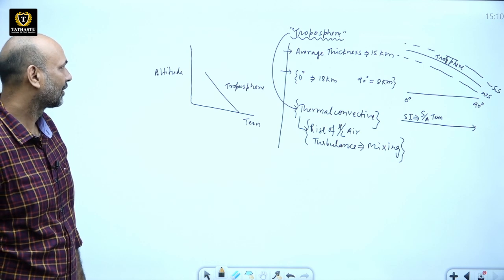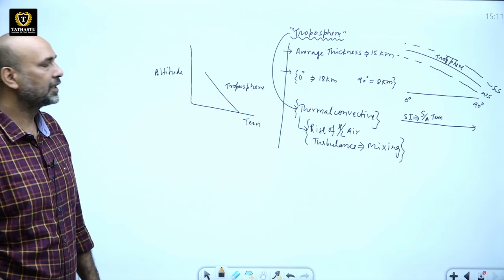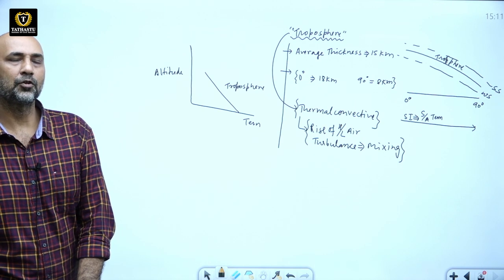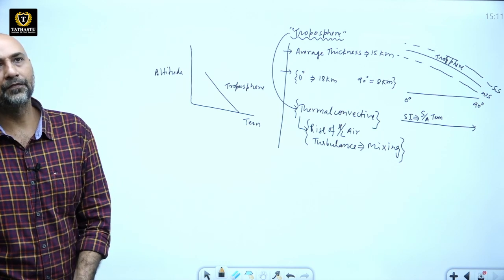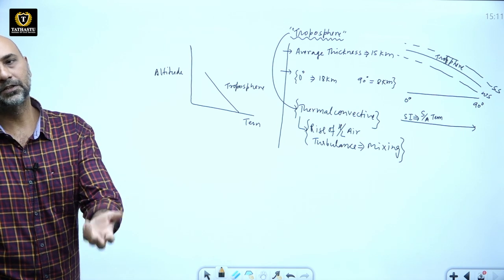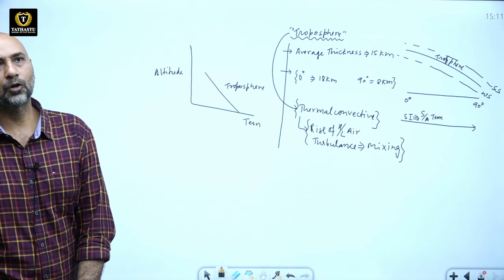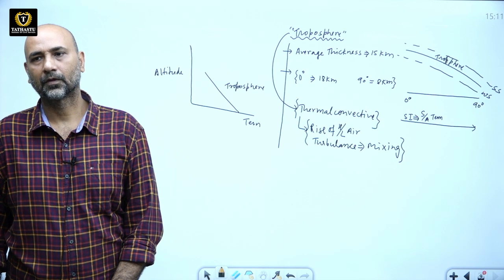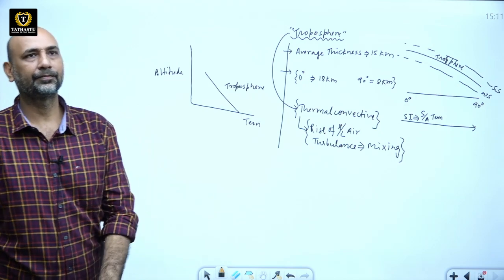Moving ahead, temperature declines with altitude in the troposphere because, first point, tropospheric heating is supported by surface heating. So as altitude from the surface or distance from the surface increases, what happens? Temperature declines. Second point, air is thick close to the surface, because air density declines with altitude.